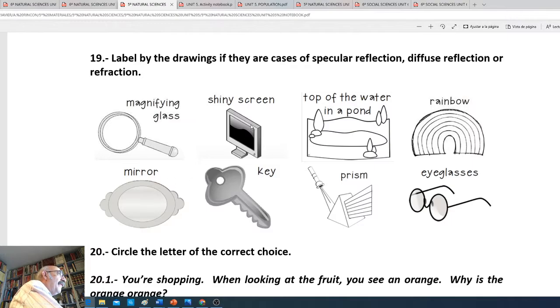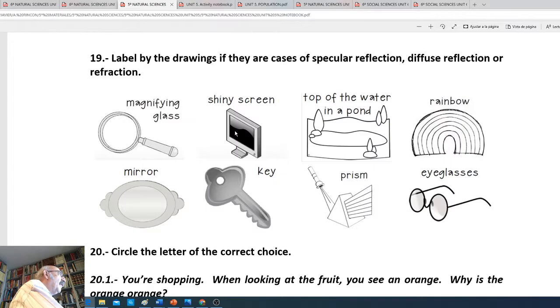A shiny screen and a mirror are examples of refraction or reflection? What do you think? Remember, with refraction you can see through water, for example, magnifying glass, eyeglasses.